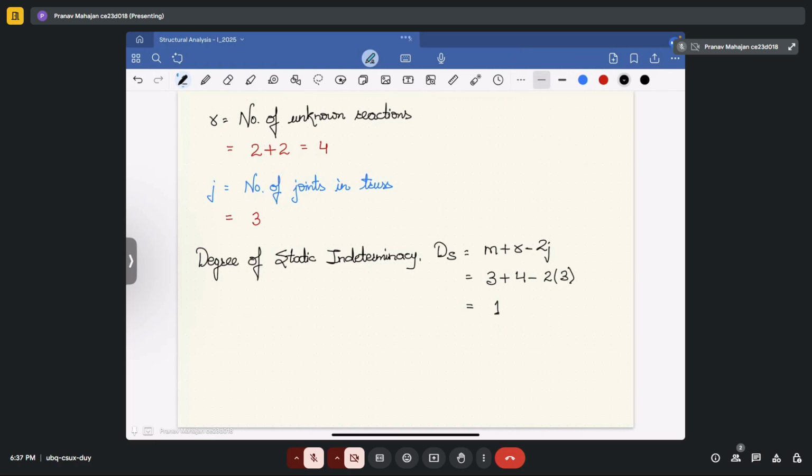Based upon that, if you compare using compatibility equation, you will be able to determine the unknown force, or you can say redundant force, in the truss member, and that will help you in determining or solving the problem using force or flexibility method.